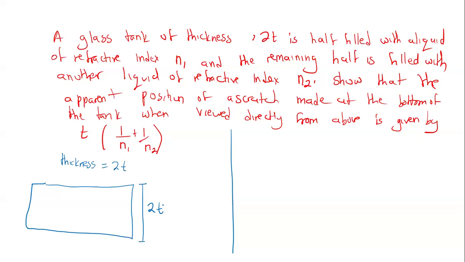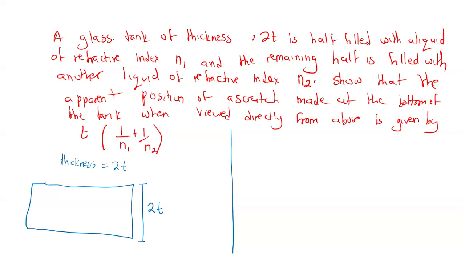So since the thickness of the glass tank is 2T, it means the apparent position is 2T minus the other answer I got. When I simplify, I end up with N1 plus N2 over N1 N2, but that is just the same as 1 over N1 plus 1 over N2. Okay, thank you. That is correct.